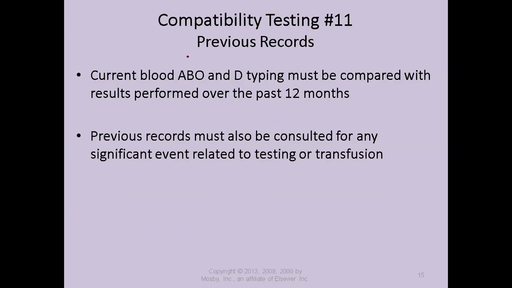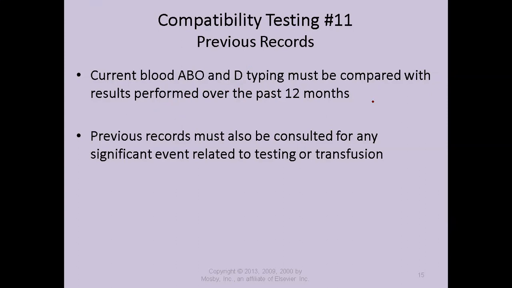Patient history is very, very important. So we're going to consult our previous records. We want to know their current ABO and D typing, and it must be compared with results performed over the past 12 months, and they better agree. Laboratory computer systems also have delta checks where, if I'm doing some testing and I enter a different ABO type, it's going to flag it with big red flags: alert, change in type.